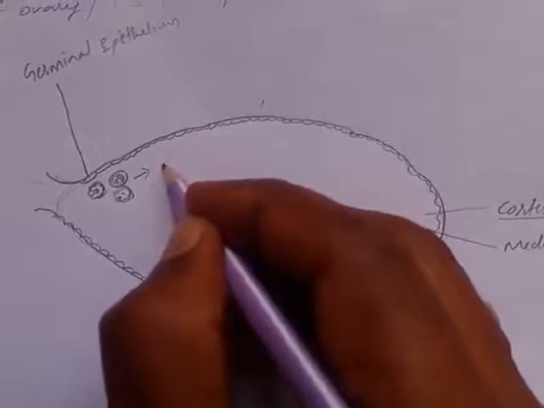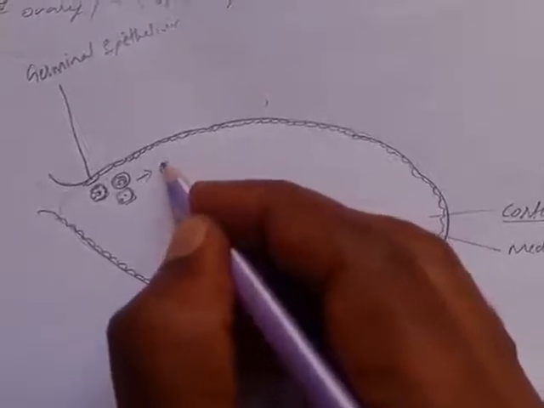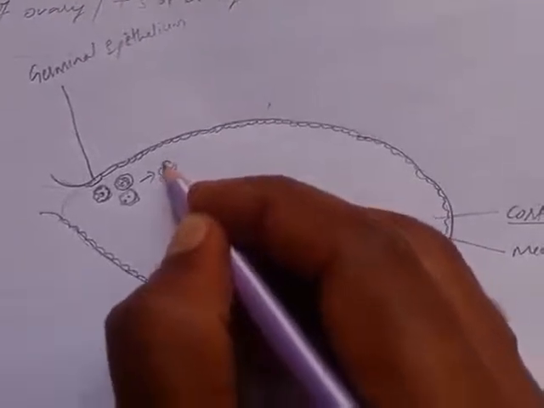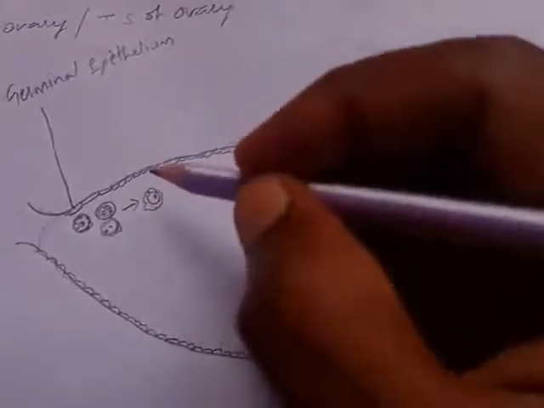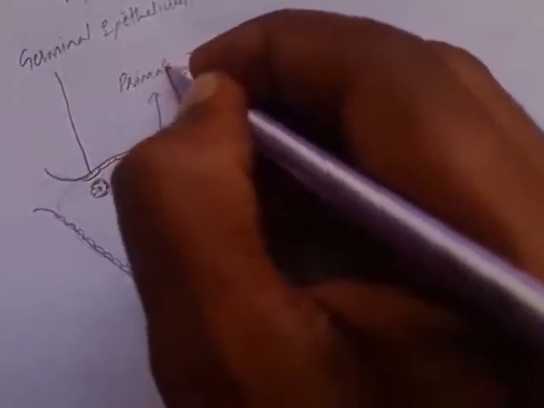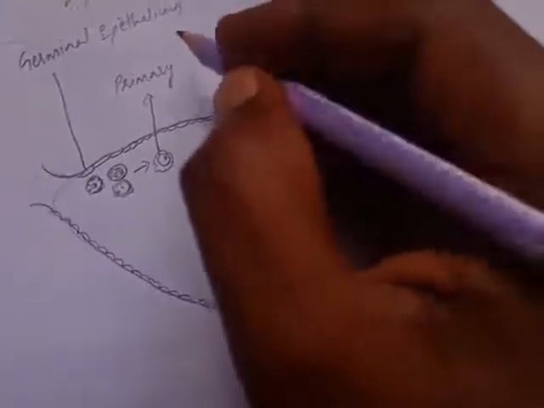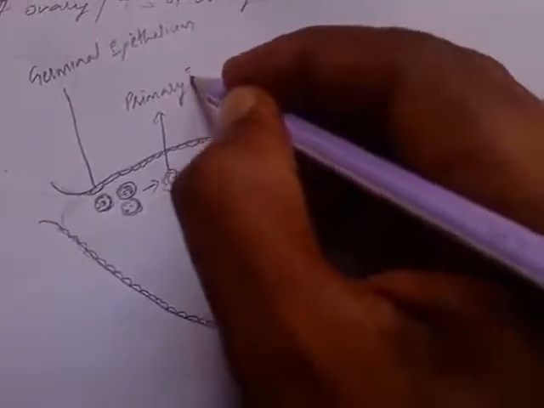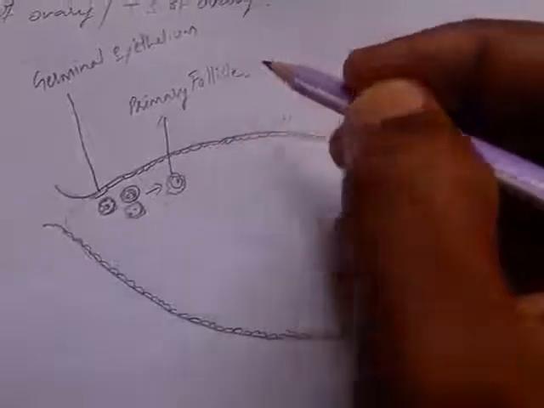This follicular cell which has grown here is called the primary follicle.